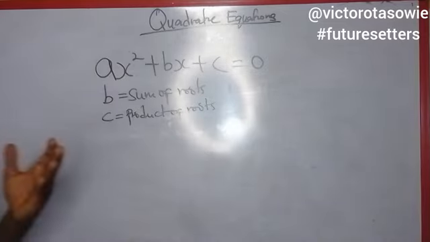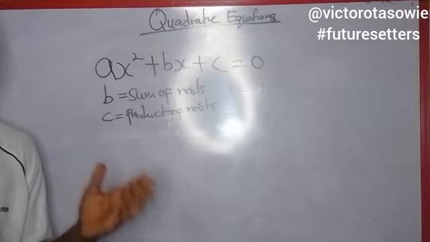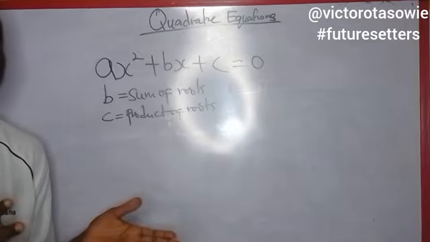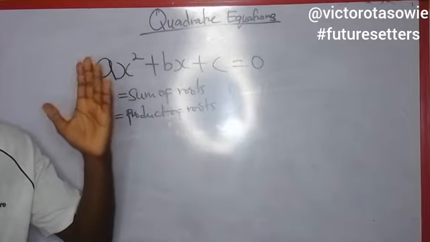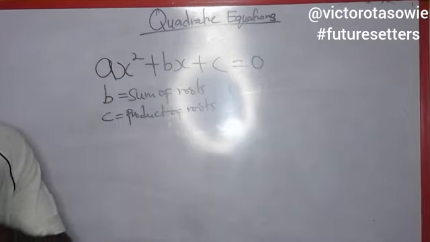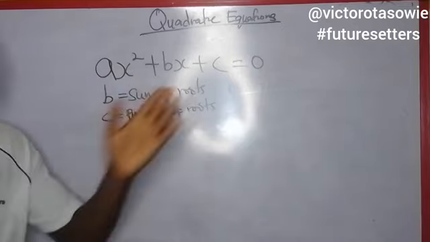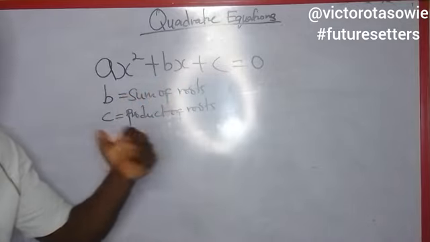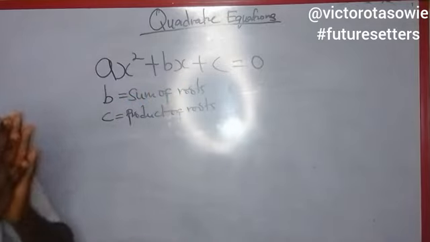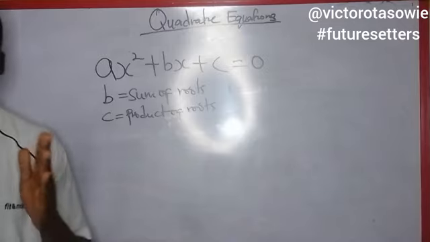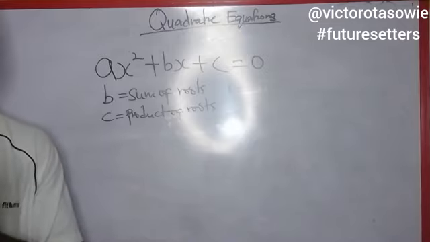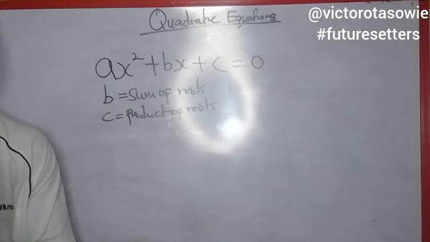So in a quadratic equation, we are looking for two numbers that we can add together to give us b, and two numbers we can multiply together to give us what? c. That's the first thing.